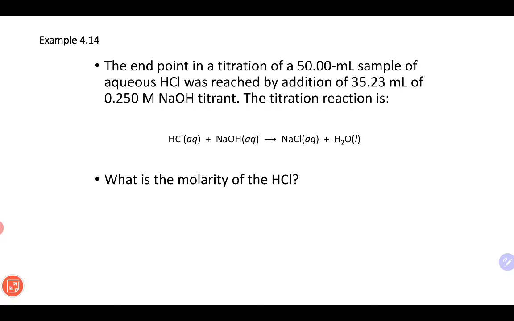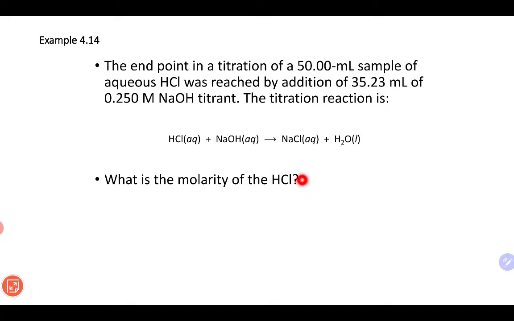So here's one of the types of calculations that we can do using titration. This one says the endpoint of a titration of 50 milliliter sample of aqueous HCl was reached by addition of 35.23 milliliters of 0.250 molar sodium hydroxide. The reaction is this.